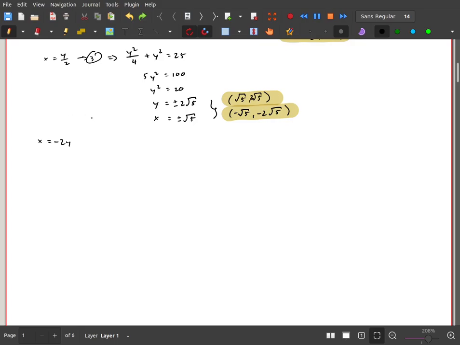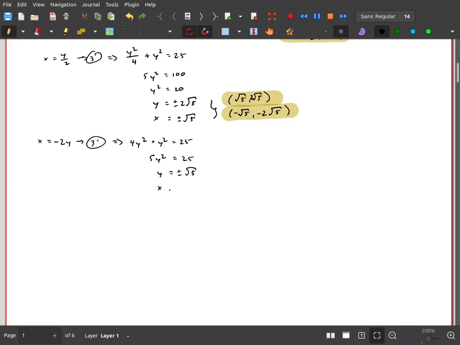Okay, so then let's substitute x equals minus 2y into equation 3 prime again. So minus 2y squared, that's just 4y squared, plus y squared equals 25. So that's 5y squared equals 25. y will then be equal to plus or minus root 5.